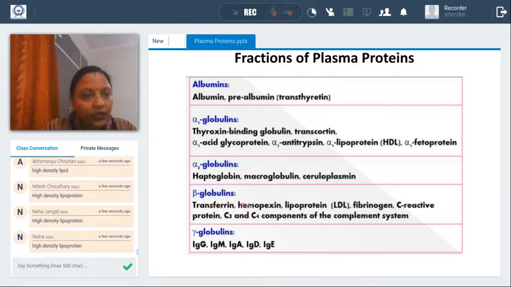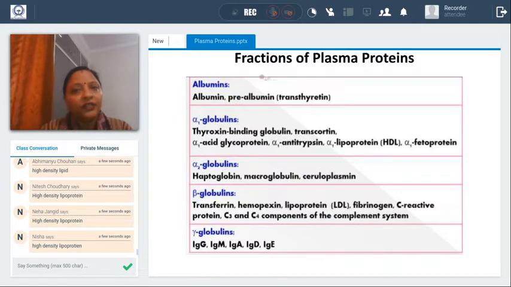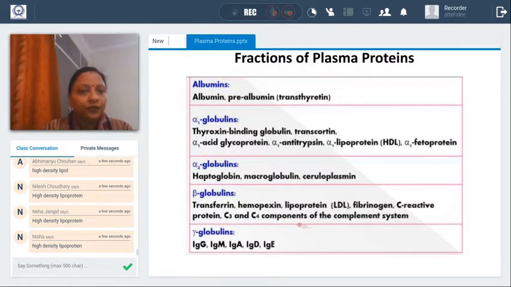Next is beta globulins: transferrin, hemopexin, lipoproteins like LDL, fibrinogen, very important, C-reactive protein, as I earlier told you, this is an acute phase protein, this C3, C4 component system. And lastly, gamma globulin, you all know IgG, IgM, IgA, IgD, and IgE.